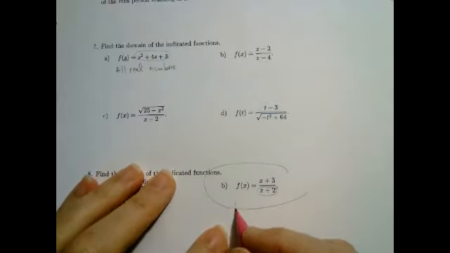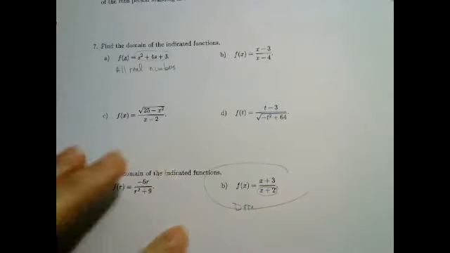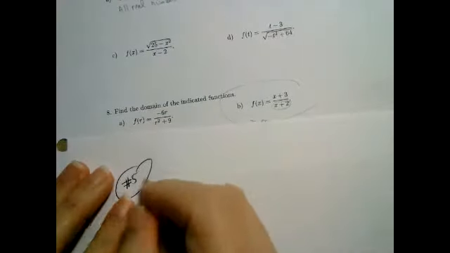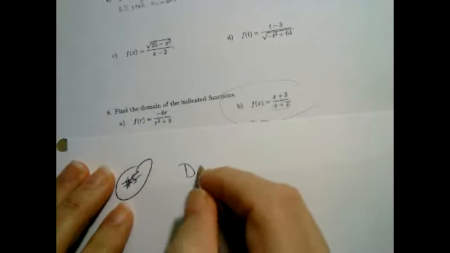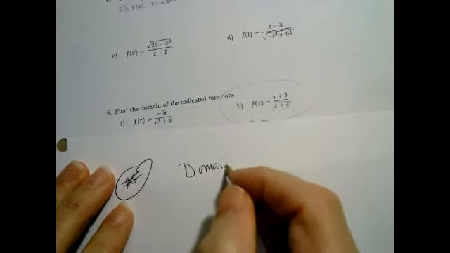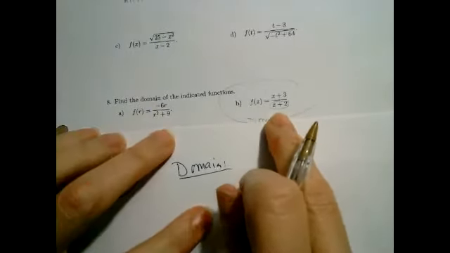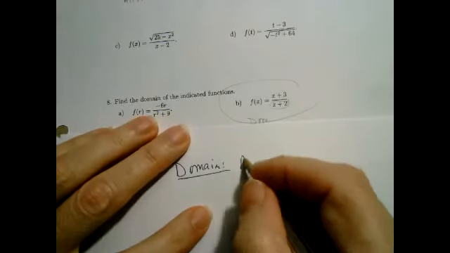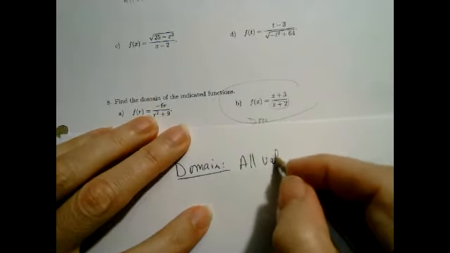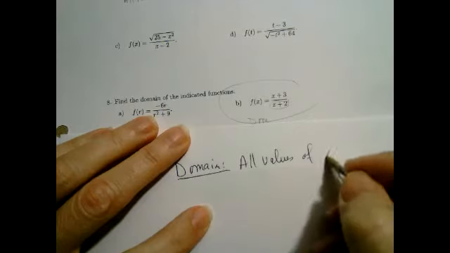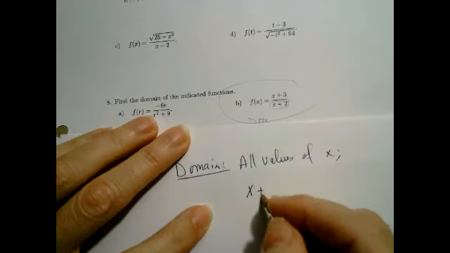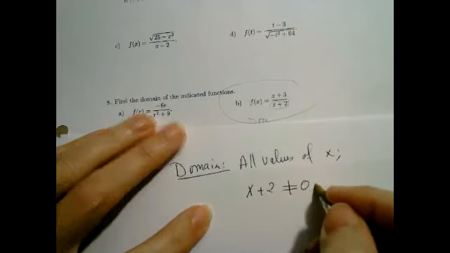So the domain will be, I'll write it here clearly. I hate to write on my book. So the domain here is, what's giving me problem? Everything that makes the denominator 0 is problematic. So the domain is going to be all values of X such that the denominator is absolutely not 0.